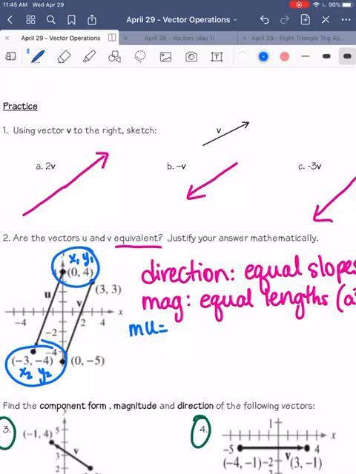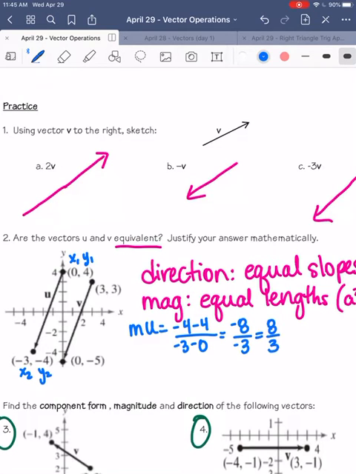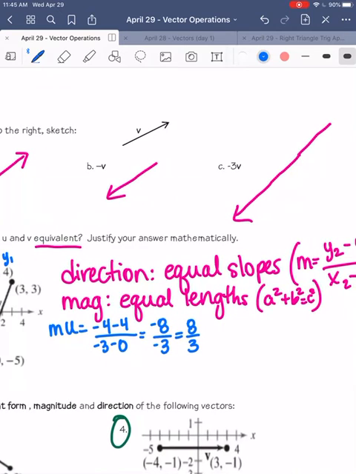All right, so let's plug it in. So y2 is -4, y1 is 4, x2 is -3, x1 is 0. So that's -8 over -3, and that just will stay 8 over 3. Okay, now I'm going to do the slope for v.